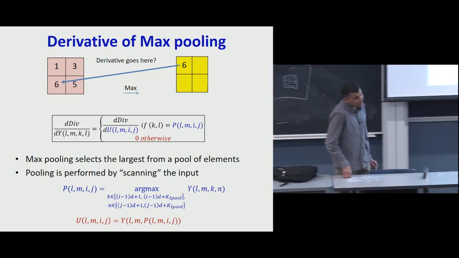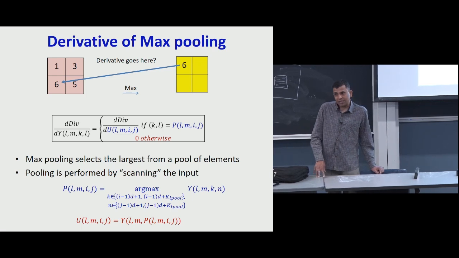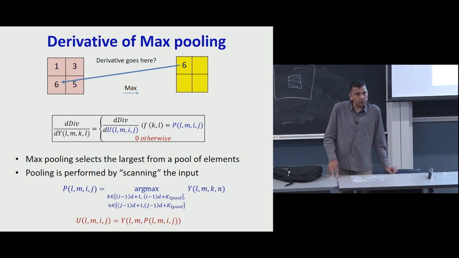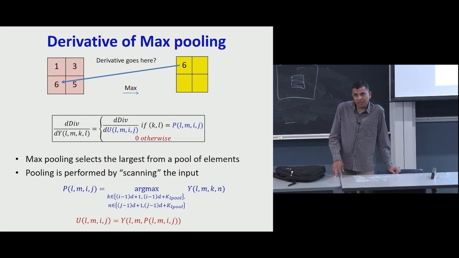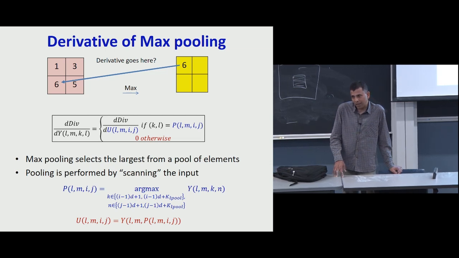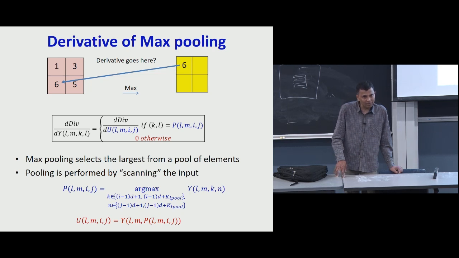But then if I have something like this, I have this little block that I looked at when I was performing max pooling. Then I only pick the max. And the derivative is literally saying, if I perturb this value a little bit, how much does it change the output? And that answer is going to be 0 for everything except the max, right?